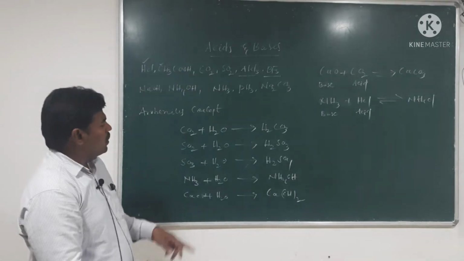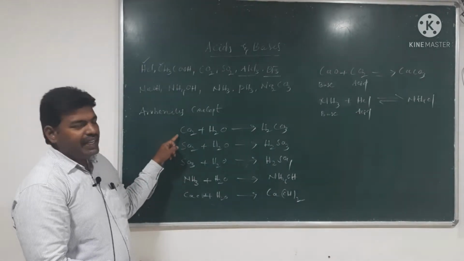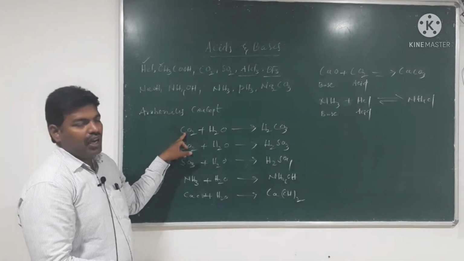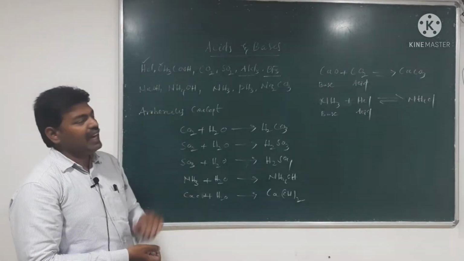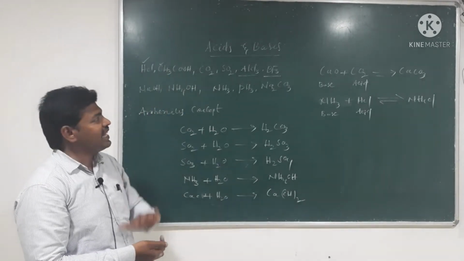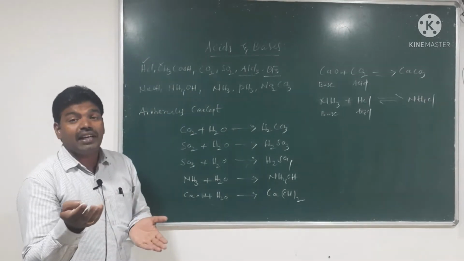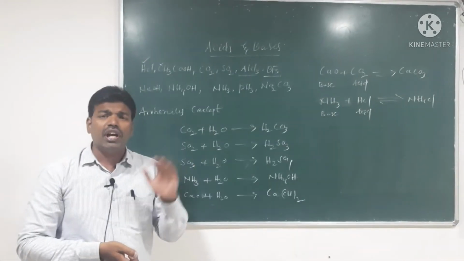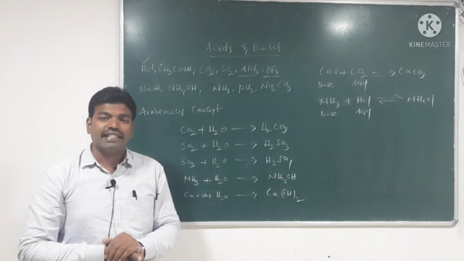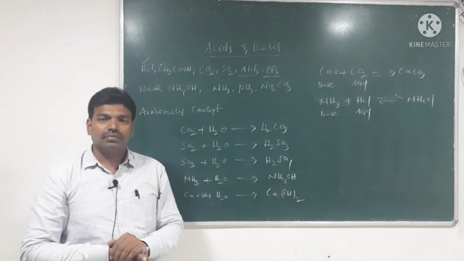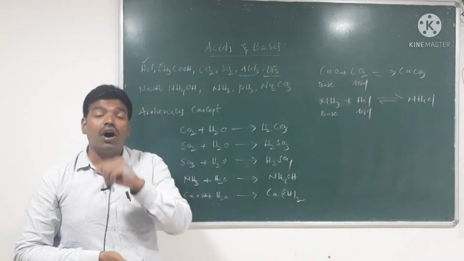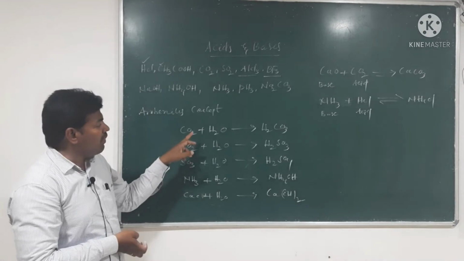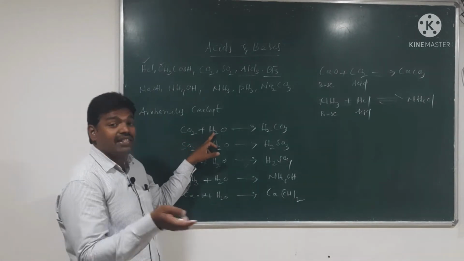Okay, so according to Arrhenius, CO2 is an acid and SO2 is an acid. AlCl3 is an acid, BF3 is an acid, but the theory could not provide how those compounds act as acids. That limitation can be overcome when these compounds are dissolved in water as a solvent.